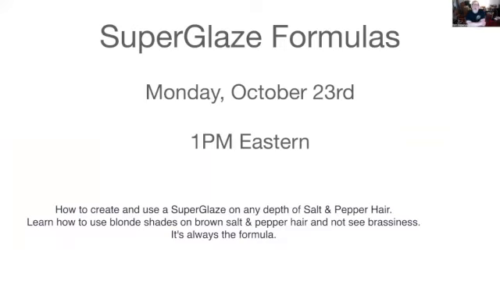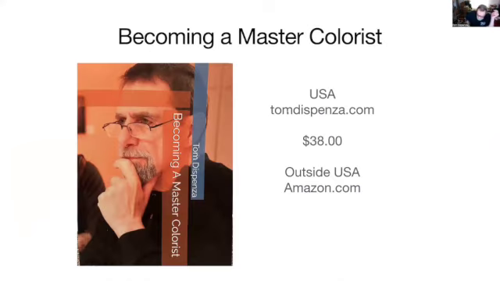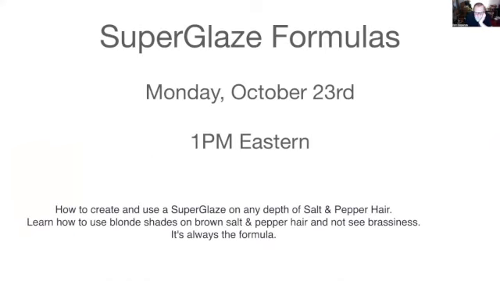Next, I'm going to do all super glaze formulas. Remember that a super glaze formula allows you to use a lighter blonde shade on any depth of salt and pepper hair, and you don't pull brassiness. So on the next webinar, which will be up either tomorrow or the next day, and you'll be able to sign up for it, it's all about super glaze.